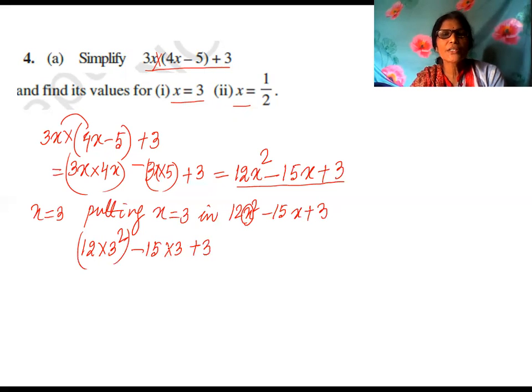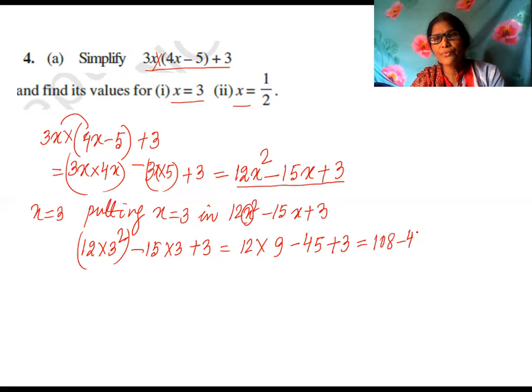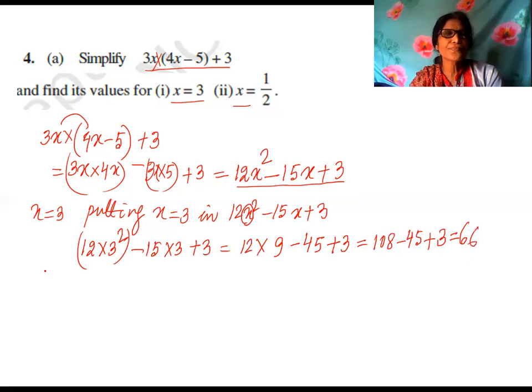So 3 square is 9. 12 into 9 is 108, minus 45 plus 3. So this gives you 66.